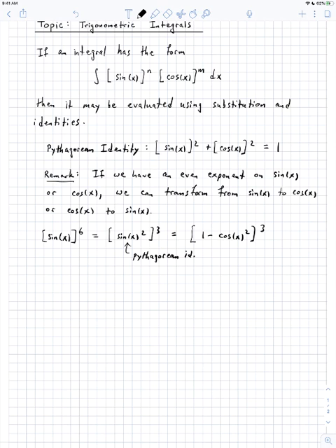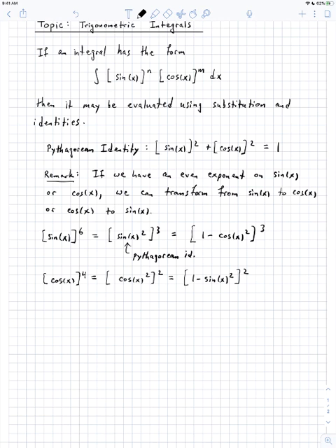It also works the other way around. So if we start with cosine of x to, say, the 4th, then we can write that as cosine x quantity squared. So that becomes 1 minus sine x quantity squared, and all that raised to the 2nd power.